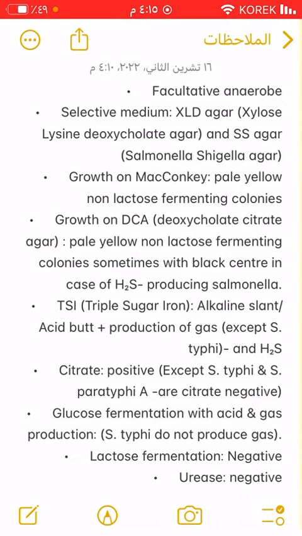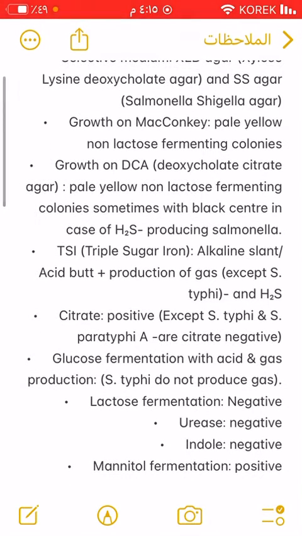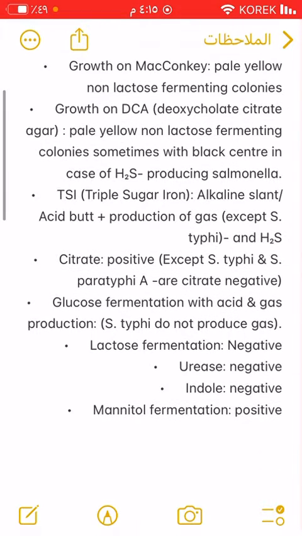As we said, it's H2S production. Salmonella produces H2S. Generally, we have Salmonella typhi and paratyphi, and other species. Yes, it's H2S positive, and in TSI, triple sugar iron, it's an alkaline slant and acid butt.